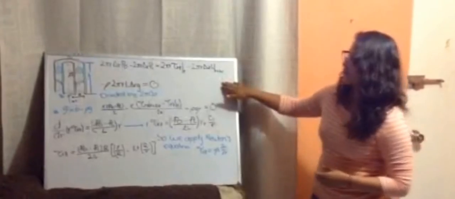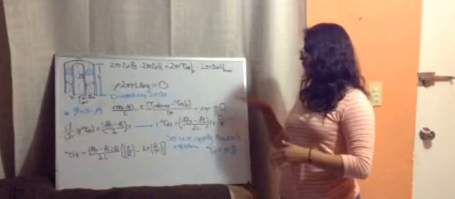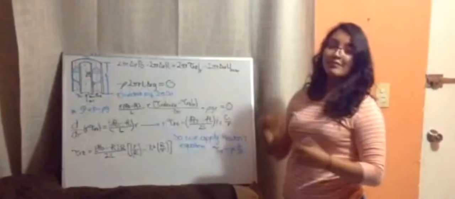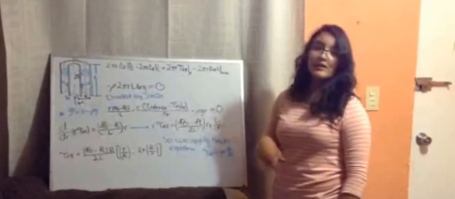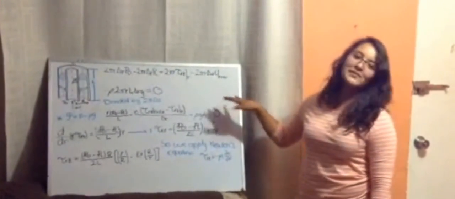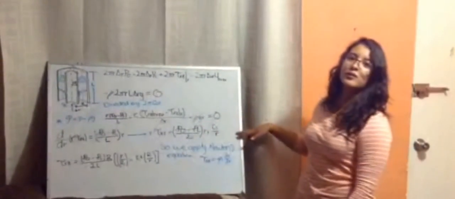This expression is going to be divided by 2π Δr, and this is going to be r times the difference between P0 minus PL divided by L, minus the difference between the stress at r plus Δr minus the stress at r divided by Δr, minus the fluid's density times the gravity times the radius, and this expression is equal to 0.